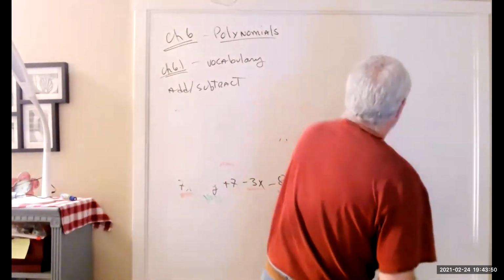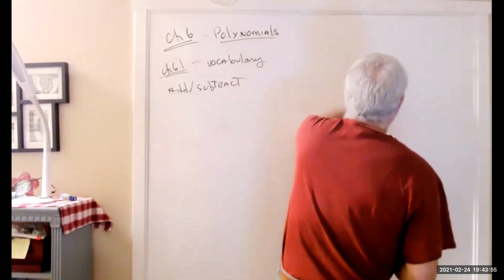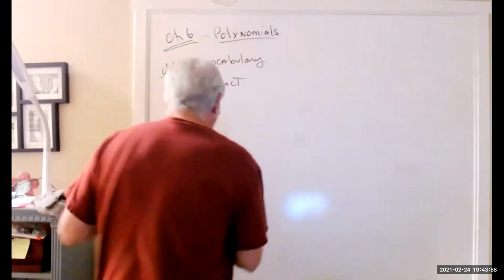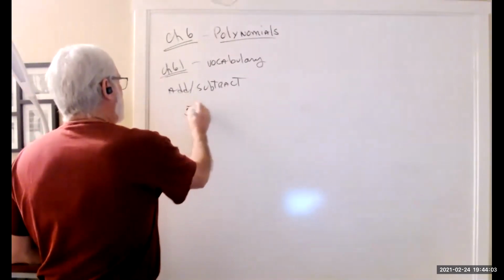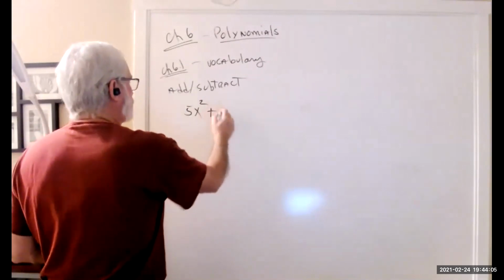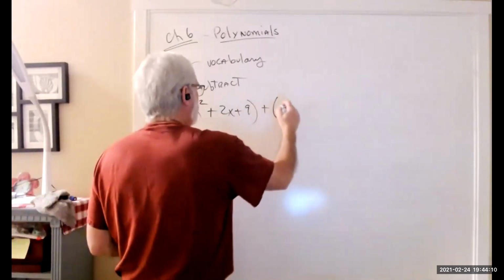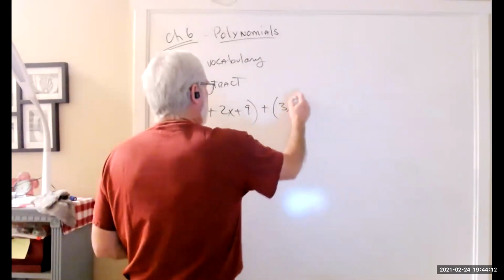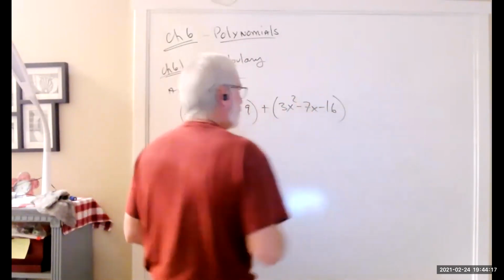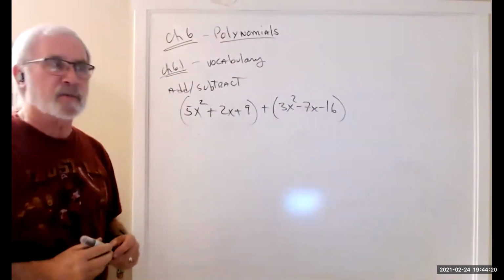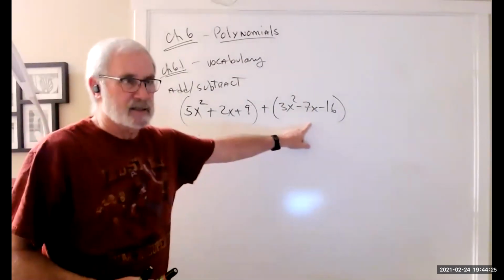So this next one is easy, but it's got a subtle place where students make mistakes. Typically, in algebra, you guys have seen this, 5x squared minus 2x plus 9 plus 3x squared minus 7x minus 16, something like that. We do a lot of things in algebra because we have no imagination, so we always use x's.